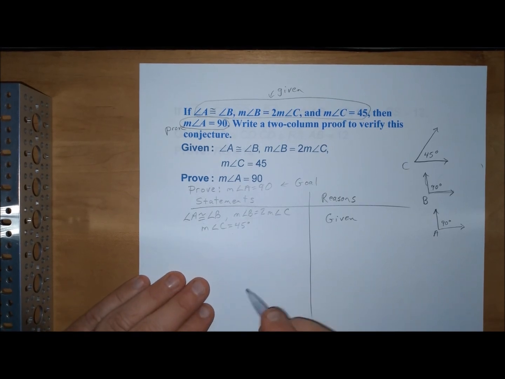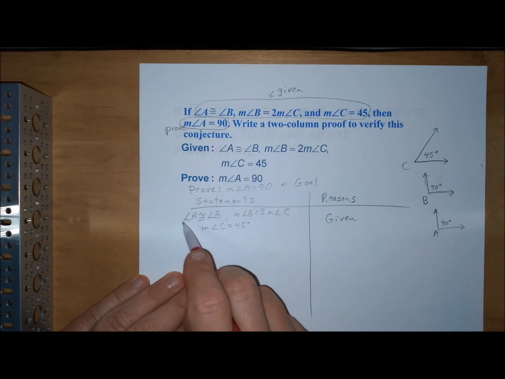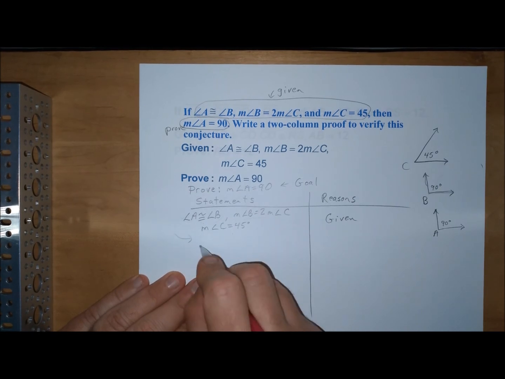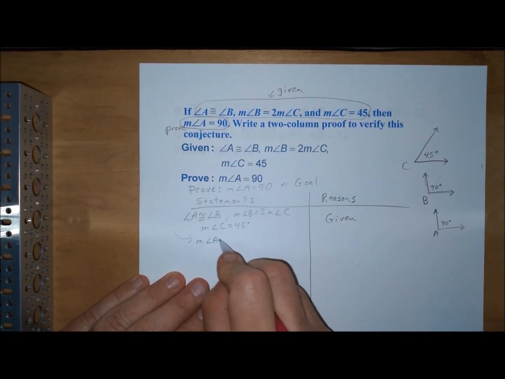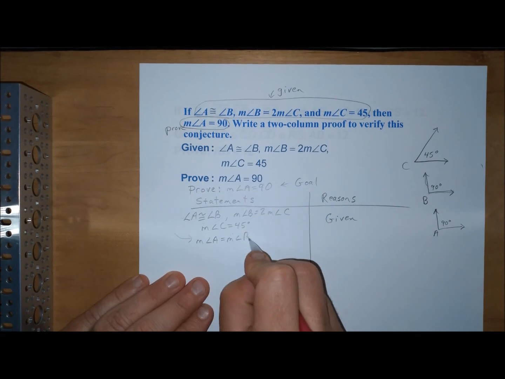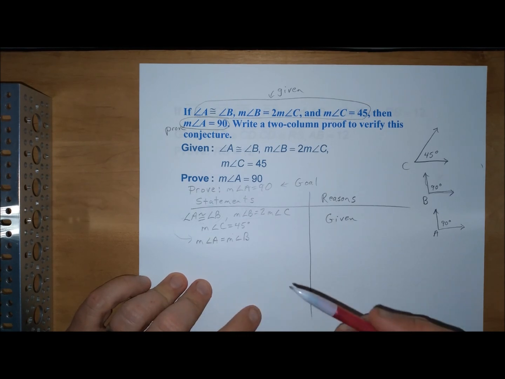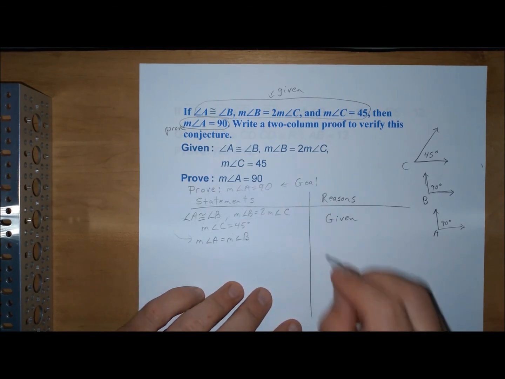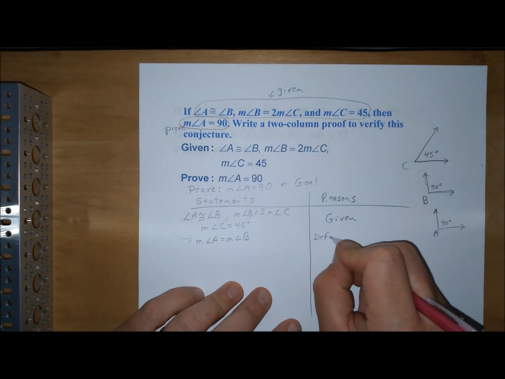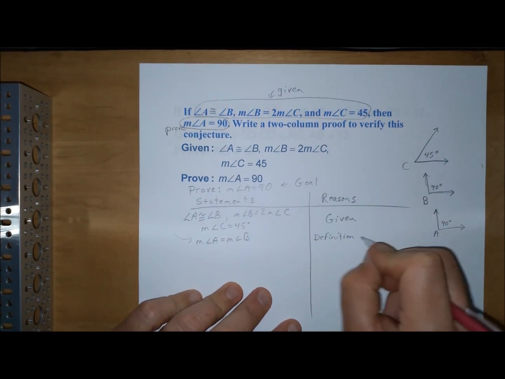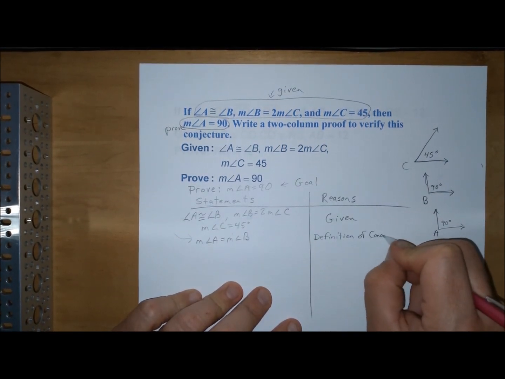That's the first thing I want to do. The algebraic equivalent of this statement is the measure of angle A equals the measure of angle B. Why? Because that's our definition of congruence. Congruent angles have the same measure. So I'm going to say that is our definition of congruent angles.